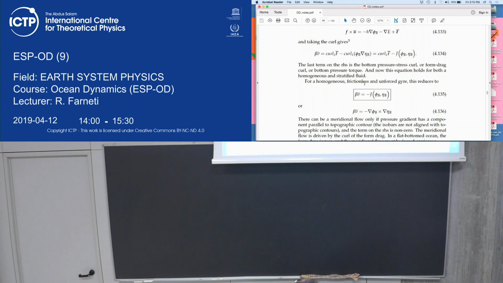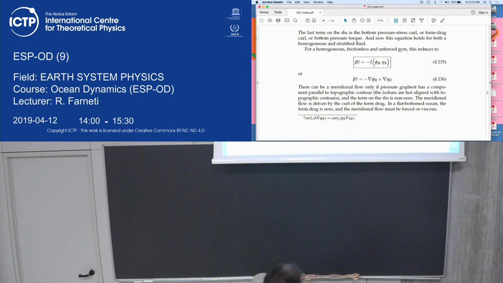Consider a homogeneous, frictionless and unforced gyre. So this goes to 0 because it's not forced and is frictionless and is homogeneous, so there's no stratification. Then the only terms that are left are the advection of planetary vorticity, beta v, and this term over here.